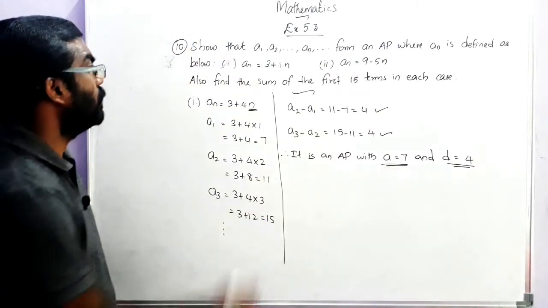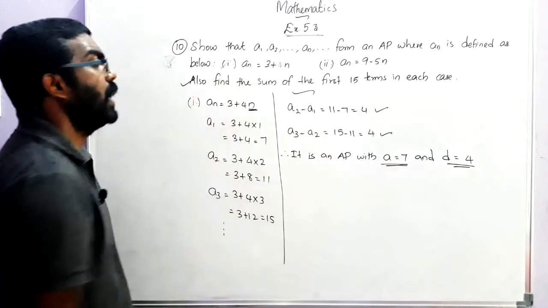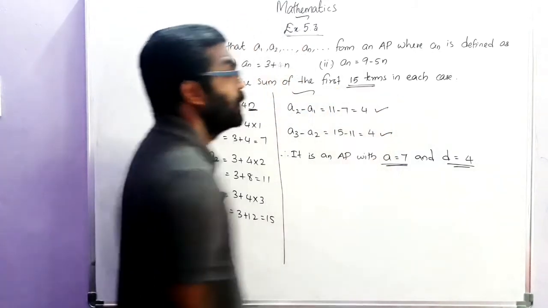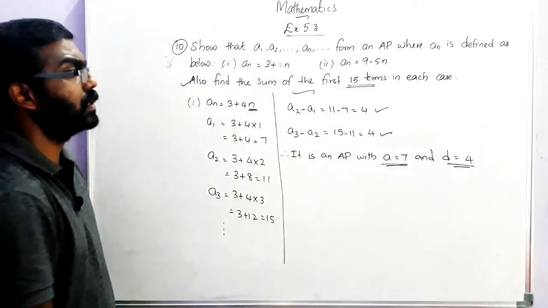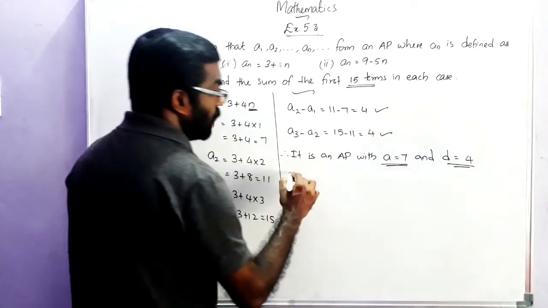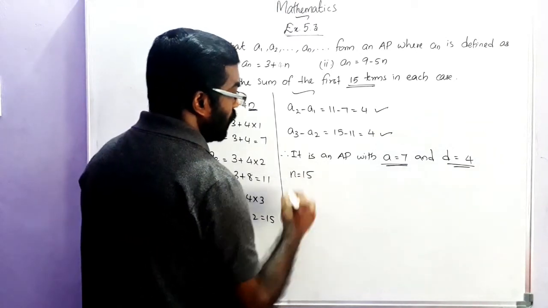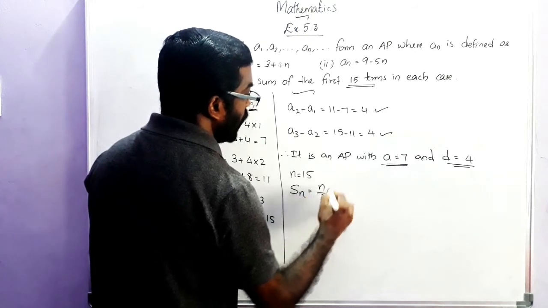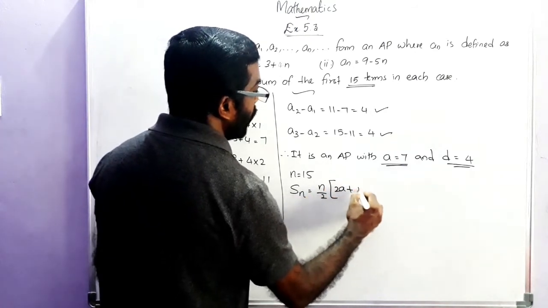Now the second part is also find the sum of the first 15 terms. So we have to find the sum of first 15 terms. So here n is 15, we have to find S15. So Sn is equal to n by 2 into 2a plus n minus 1 into d.